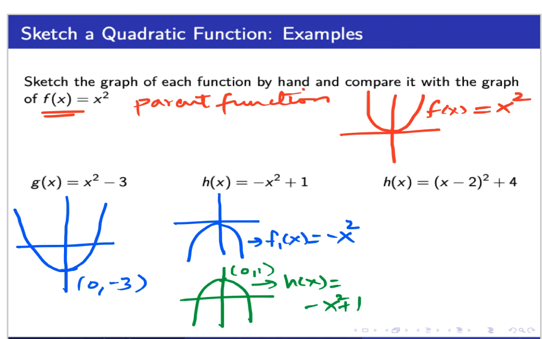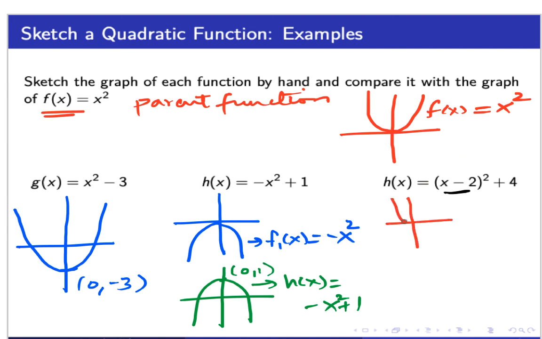Okay, now let's look at another function. We have, say, h(x). Okay, what is happening over here, guys? Look at this. This is called the horizontal movement. Here the graph moves to the right by 2 units. And then the graph moves up by 4 units. Okay, so let's start with the original graph and then we create this graph.